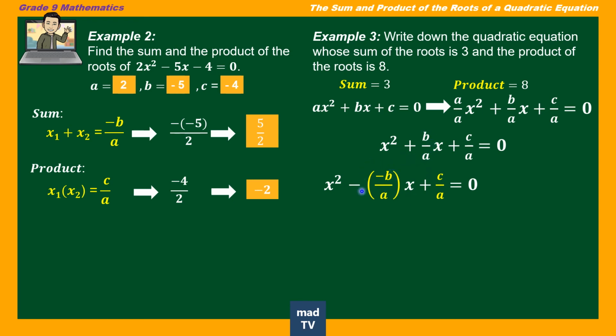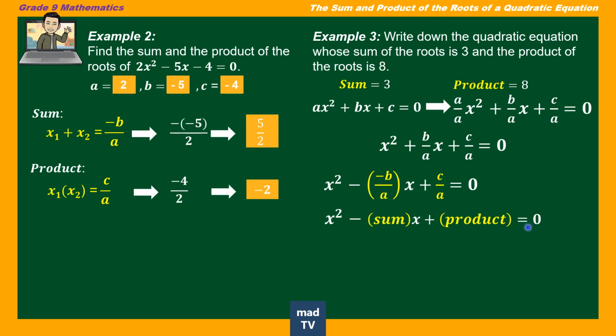So, nire-write lang natin in such a way that this will be representing our sum. So, alam na natin na ito. So, ito naman, c divided by a is the product. So our formula will become x squared minus sum times x plus product is equal to 0.